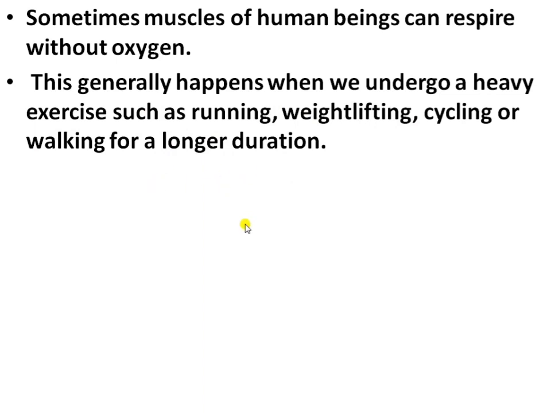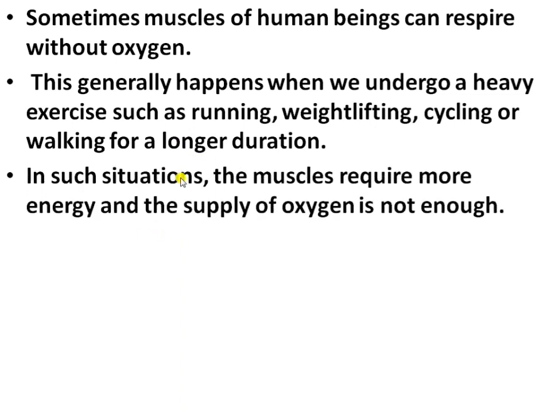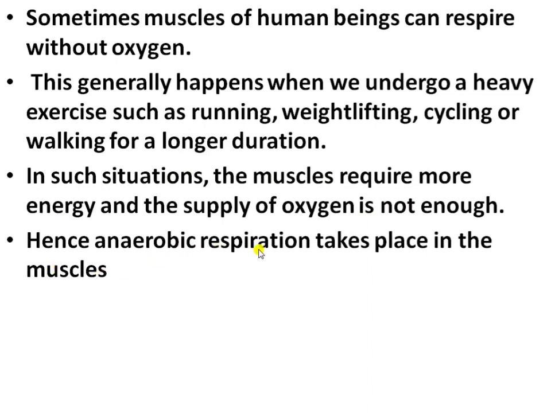During heavy exercise, running and gymnastics, our muscles start aching because they start respiring anaerobically, as the demand for oxygen becomes much higher. In such a situation, the muscles require more energy and the supply of oxygen is not enough. Hence anaerobic respiration takes place in the muscles.